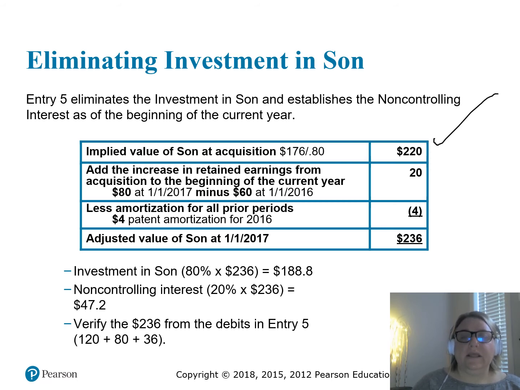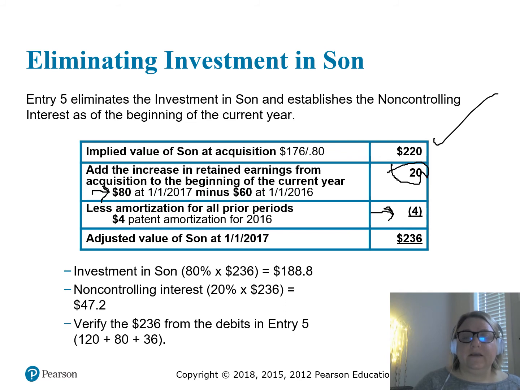This is the tricky spot right here, where we add the increase in retained earnings from acquisition to the beginning of the current year. So if we had 80 at 2017 beginning, we have to take off that part from the beginning of 2016. So there's been an increase in retained earnings this year. And then take off the patent, and that gives us an adjusted value.